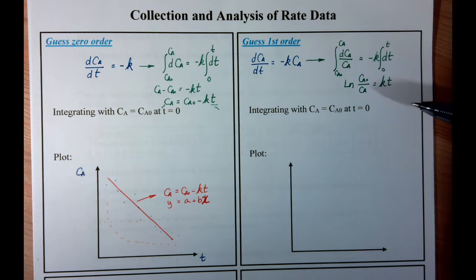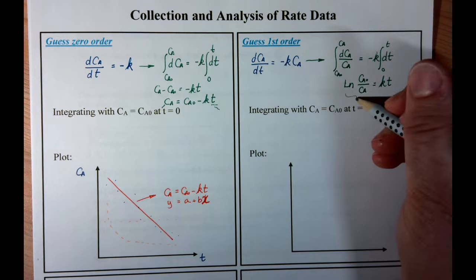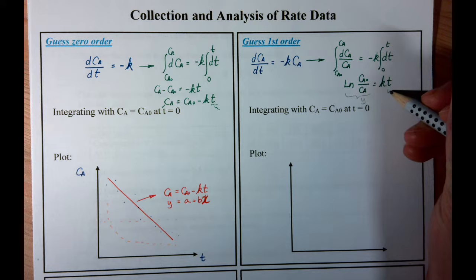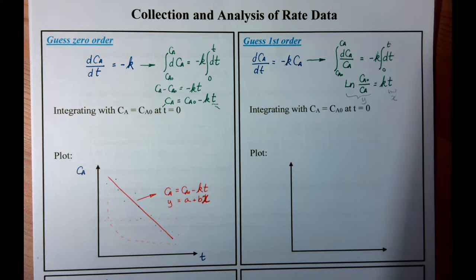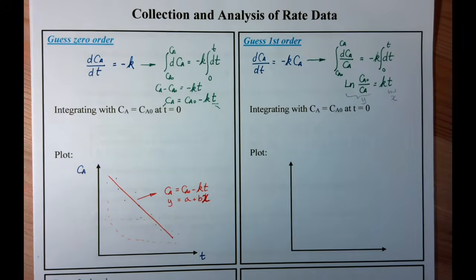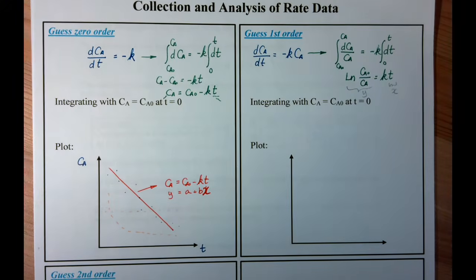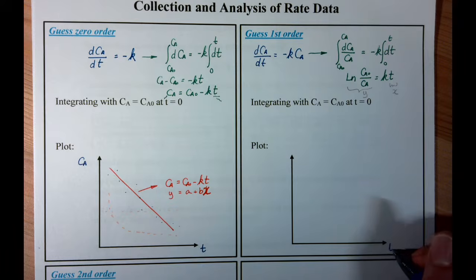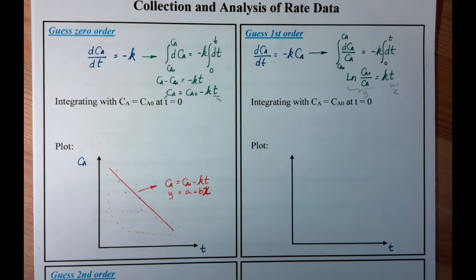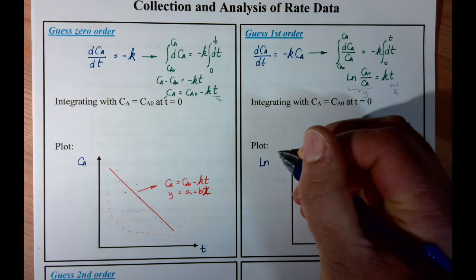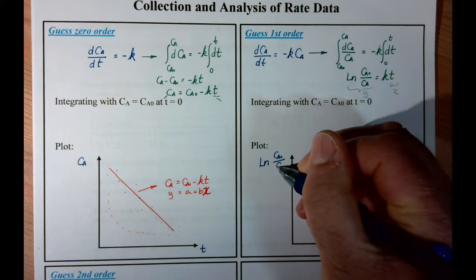This is also the equation of a line, where this would be my y value, this would be my x value, and the slope would be k. So what I want to plot with my experimental data is time on the x-axis and natural log of CA naught over CA on the y-axis.